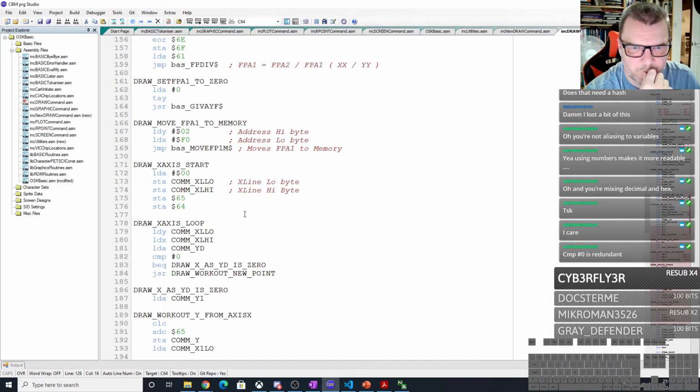Here we go. So we're loading 0 in XL low and XL high, 64 and 65.